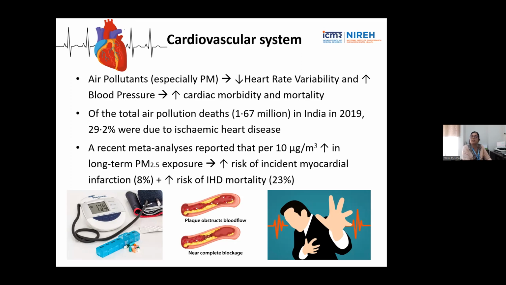A recent meta-analysis reported that for every 10 microgram per meter cube increase in long-term PM2.5 exposure, the risk of incident myocardial infarction increases by 8%, and the hospital-based mortality risk increases by 23%. And in India, of the air pollution-related premature deaths, 29% occur due to ischemic heart disease. So this is a system that is adversely affected.